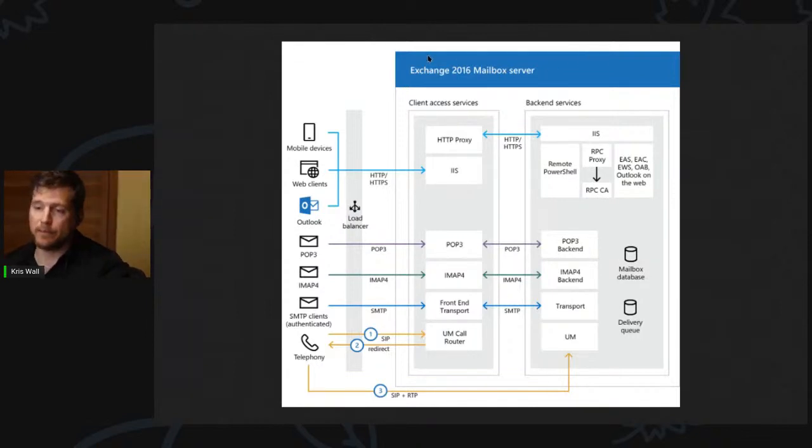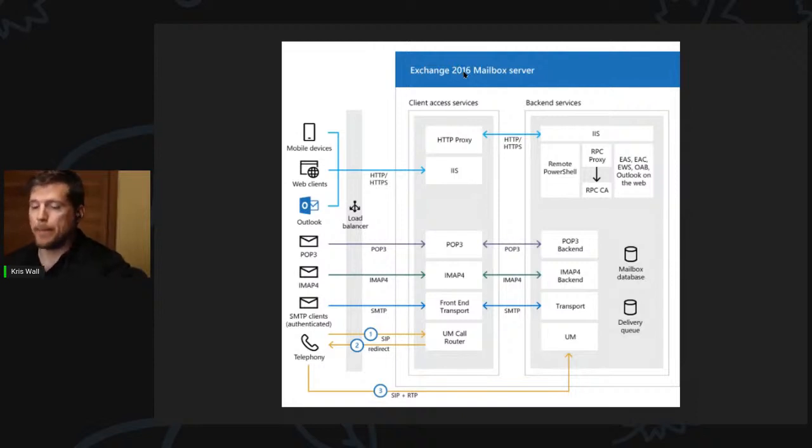We have web clients coming in, mobile devices, Outlook, POP3, you name it, even telephony, which allows for this unified communications and unified messaging to come in. Through that, there are some client access services used to make those communications possible. What we're looking at specifically today is this front end versus back end, client access versus back end. And here there is an HTTP proxy.